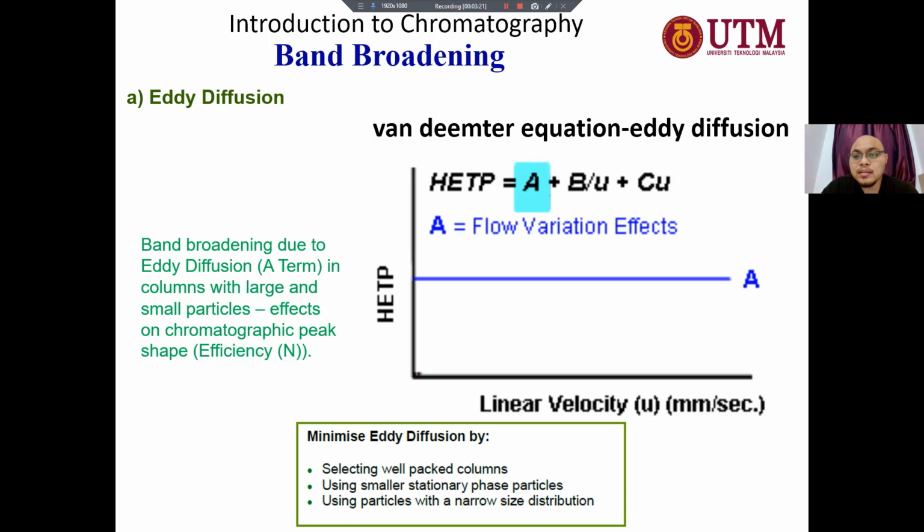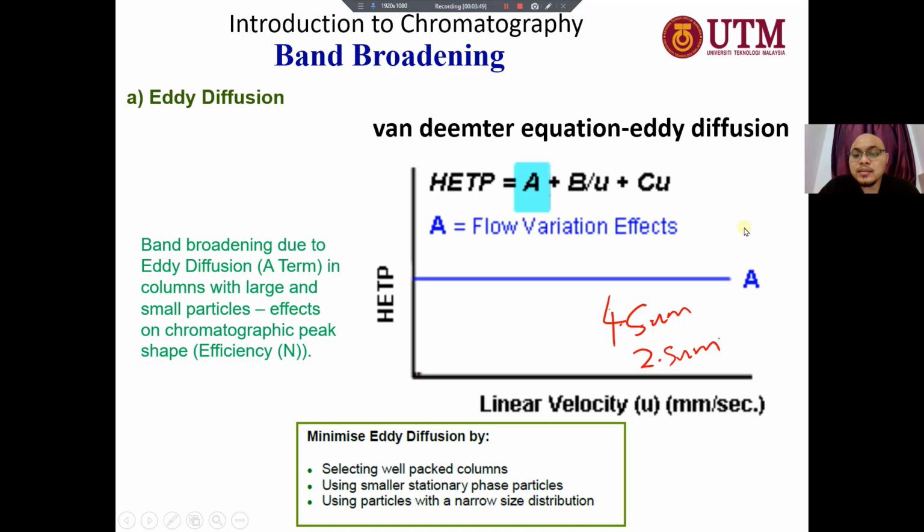I think you guys already understand about it. And then you can reduce the particle size of the stationary phase. For example, instead of 4.5 micrometer particles, you can use 2.5 micron. The next solution is using particles with narrow size distribution.